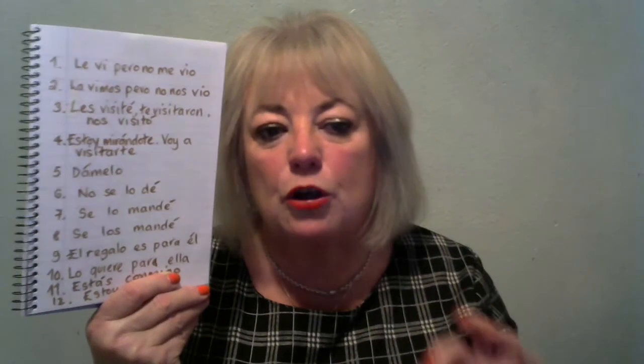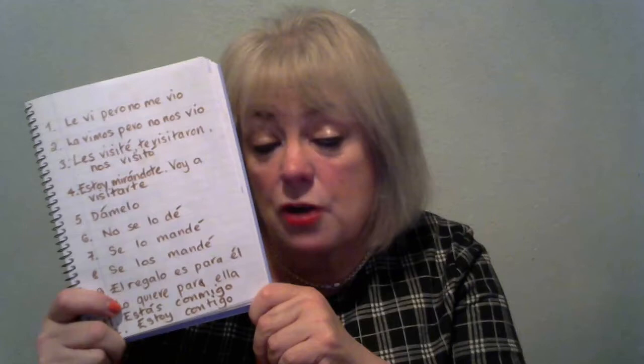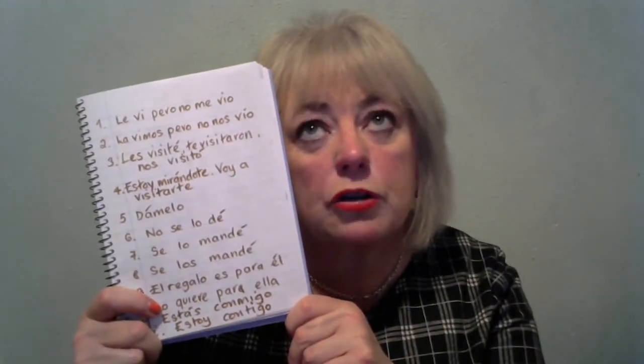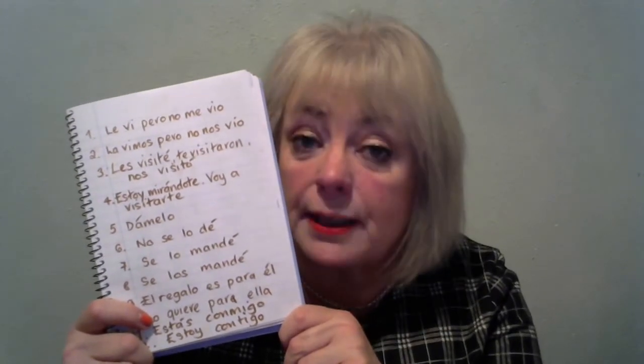No se lo dé. Now, also the se. This is another pronoun. This is the indirect object pronoun. Where you have two L pronouns together, the first one converts to se. Did you know that? If you don't know that, that is explained in my tutorial on indirect object pronouns. It's in level 3 book, if you have the books or you want to buy the books.